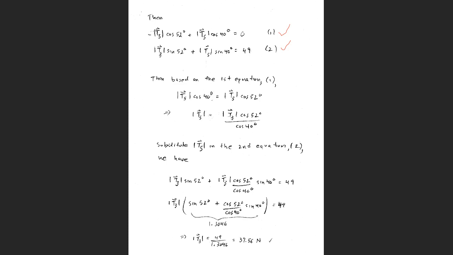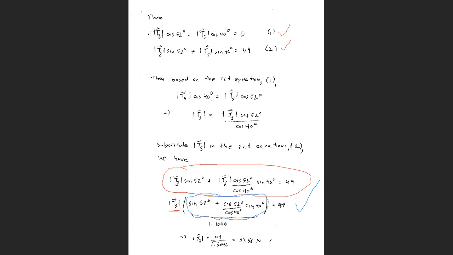So when I make this substitution, I end up with this equation, and I can factor the magnitude of T sub 3 out, and then divide both sides of this equation by this here.